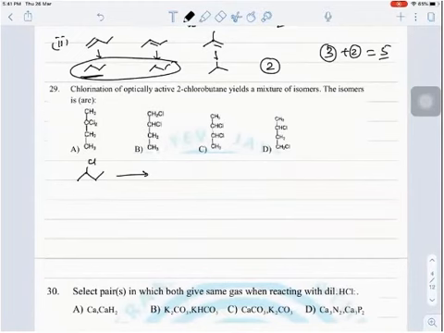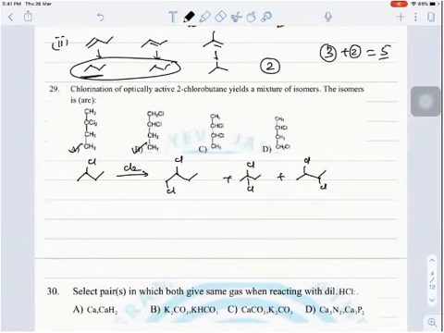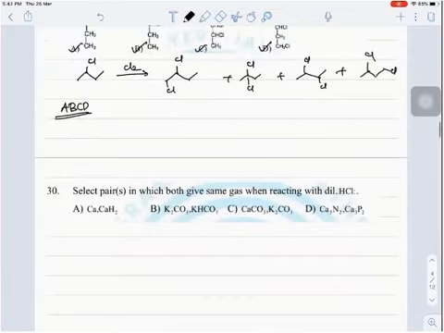It is asked what the possible products are. 2-chlorobutane on chlorination will give 1,2-dichloro, that is option B; 2,2-dichloro, that is option A; 2,3-dichloro, that is option C; and 1,3-dichloro, that is option D. So all A, B, C, D chloro derivatives are formed in this reaction. So A, B, C, D is the correct answer.